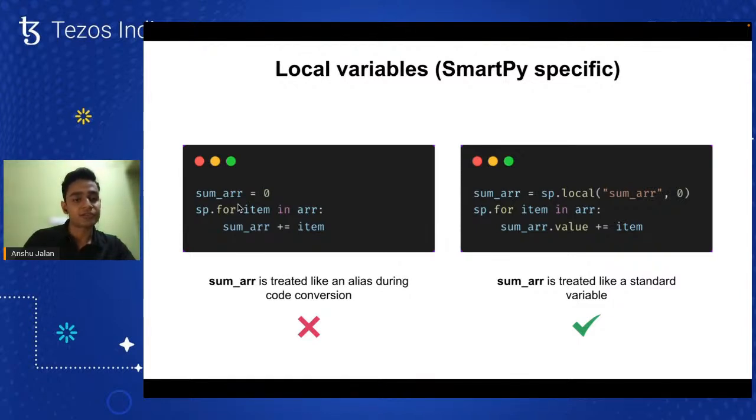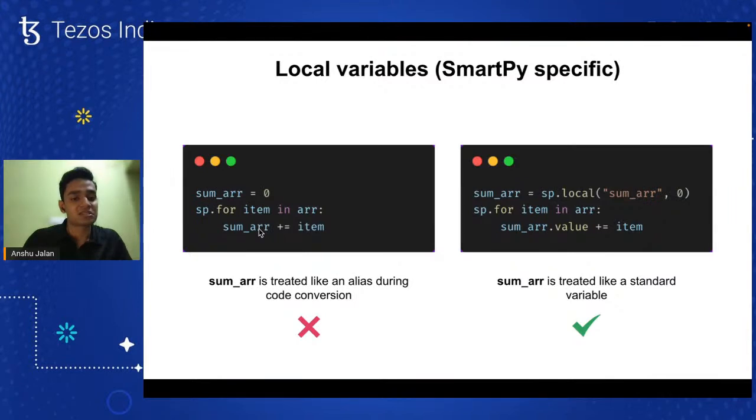The reason for that is in SmartPy, because of the concept of metaprogramming that we discussed in yesterday's session, some ARR is not a variable, it's an alias. So when the SmartPy program compiles down to other lower level code, or actually it's SmartML that it compiles down to, then some ARR is basically replaced with zero.